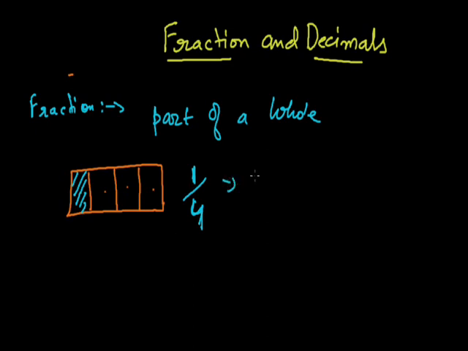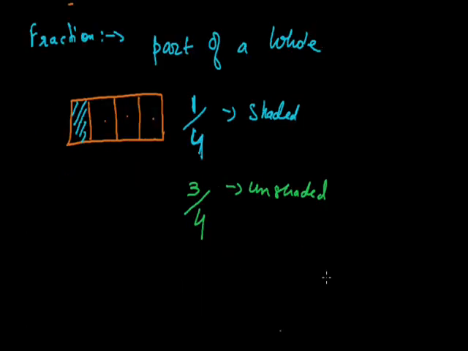This is the part or fraction of the shaded region. Now if I have to tell you the unshaded region, then it will be 1, 2 and 3. That is 3 out of 4 parts are unshaded. So this is the fraction, that is, it represents a part of the whole.